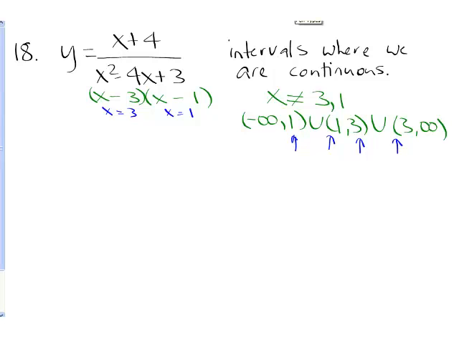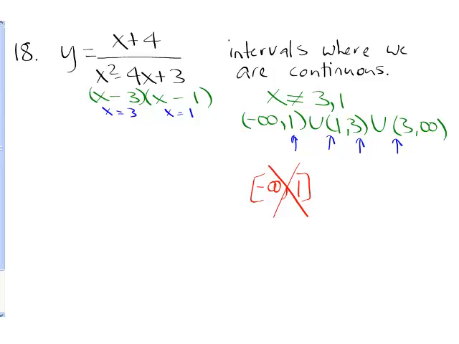By the way, you can never include an infinity, because infinity is an idea, not a specific number. If I go from negative infinity to 1 and put a bracket around the 1, what you're telling the reader is that 1 is included, but that's bad, because 1 is undefined in the denominator. So you can't do it this way.